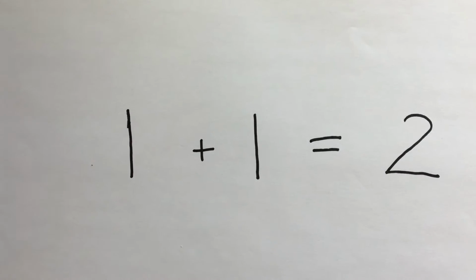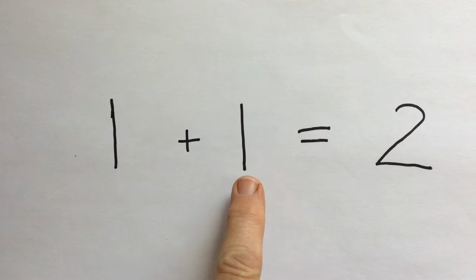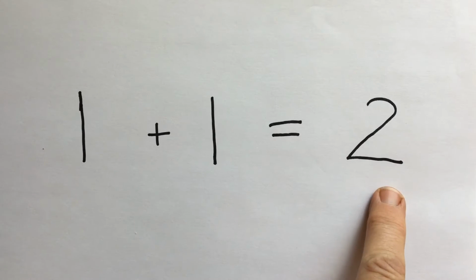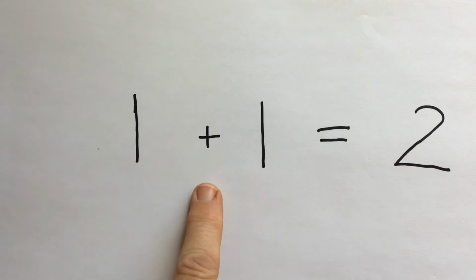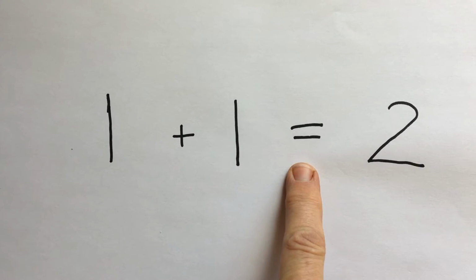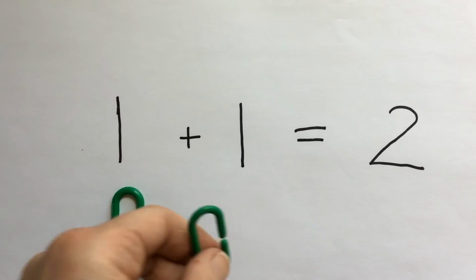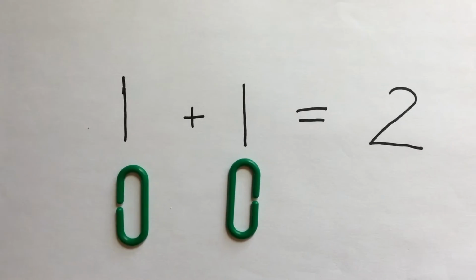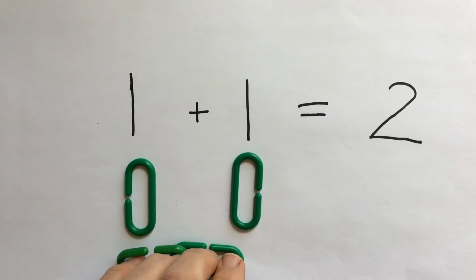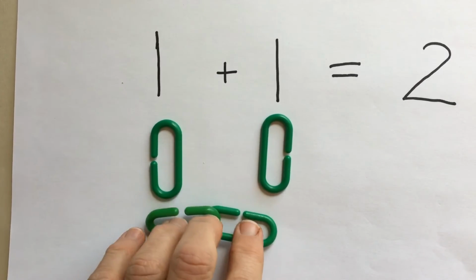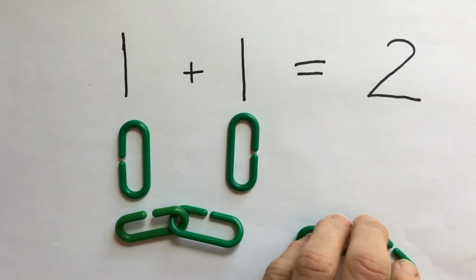In math writing, we say 1 plus 1 equals 2. Equals means the same as. 1 plus 1 is the same as 2. That means 1 plus 1, if you put them together to make 2, that's the same as having 2.